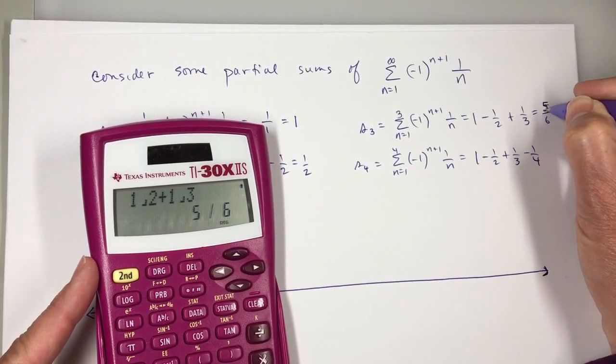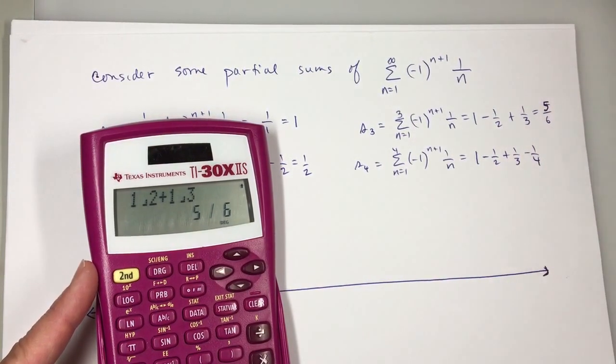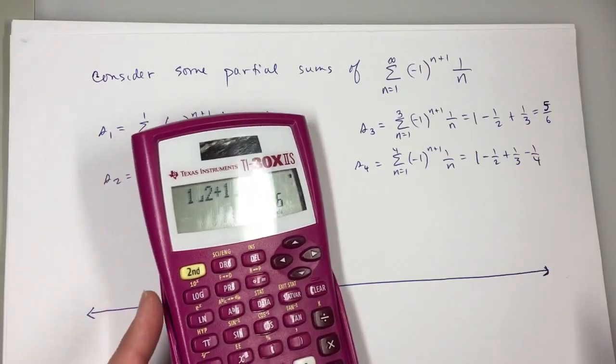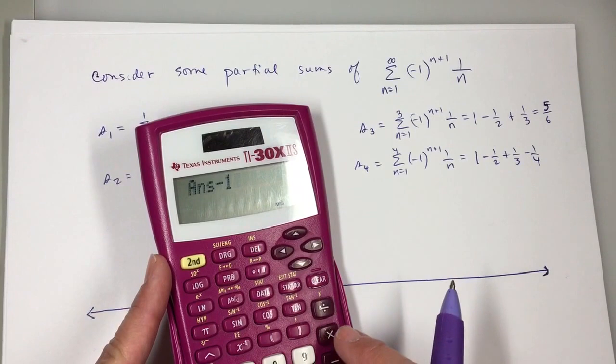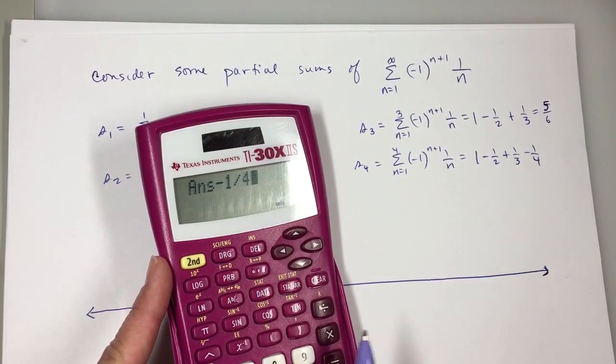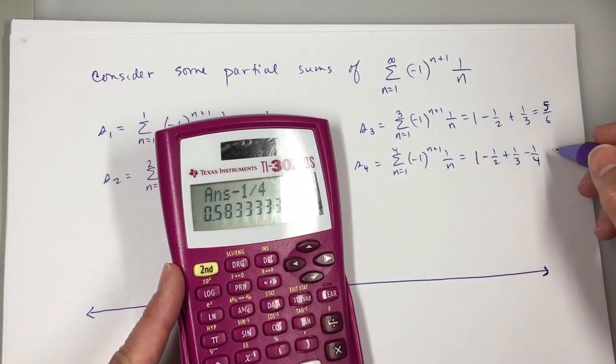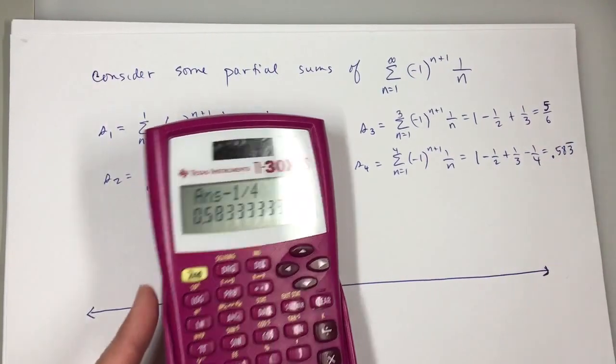Maybe you're going to eventually just want to use the decimals. Then I have 5/6 minus 1/4, so this one is 0.58 repeating 3.